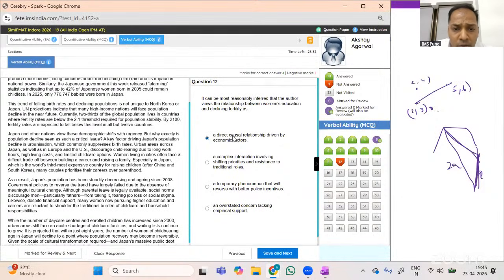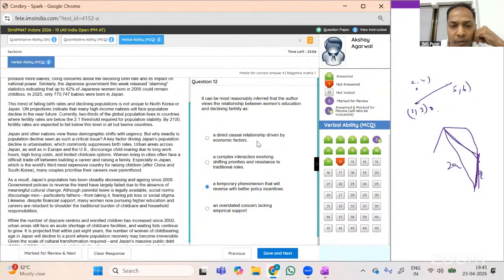A complex interaction involving shifting priorities and resistance to traditional roles. And because it says despite financial support, it could be a temporary phenomenon, no, and overstated, no.